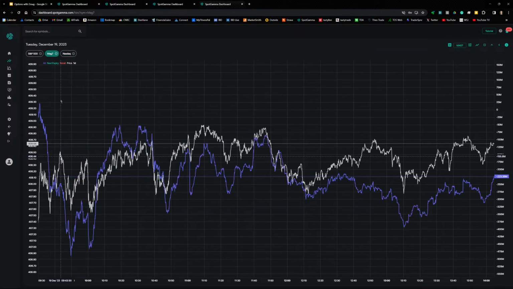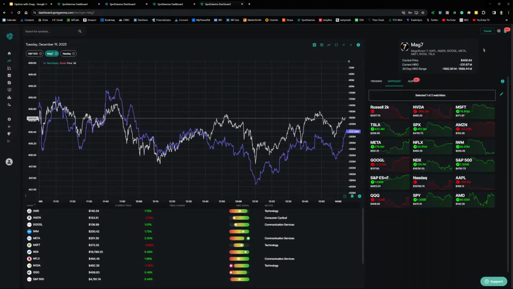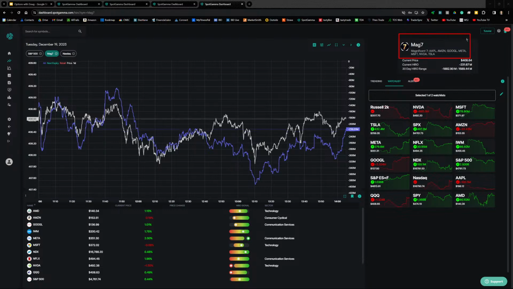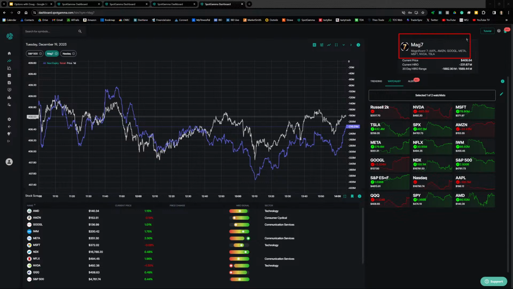And this MAG 7 signal is a combined signal. Let's go back so I can show this. This is a fairly new indicator that SpotGamma put together that combines options trades and hedging activity for a combined signal for the stocks known as the Magnificent Seven.